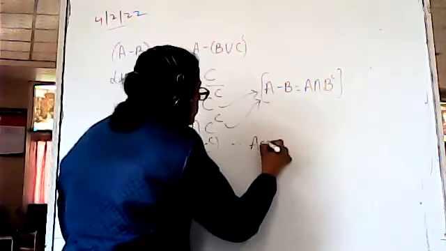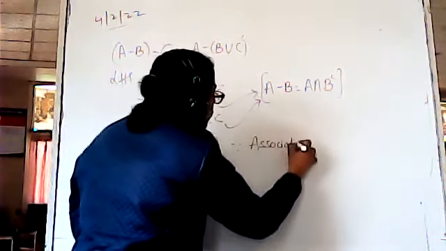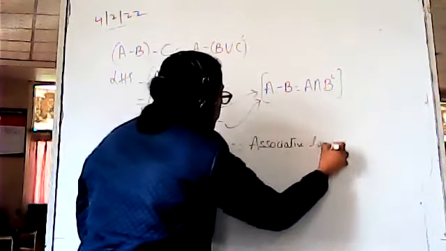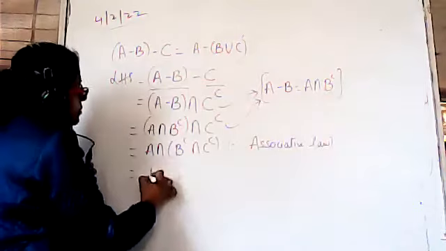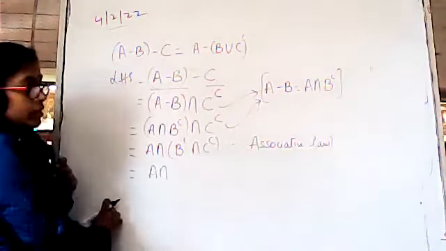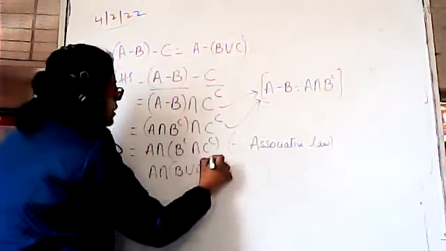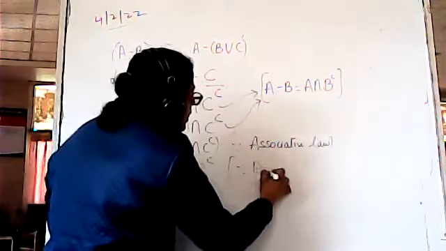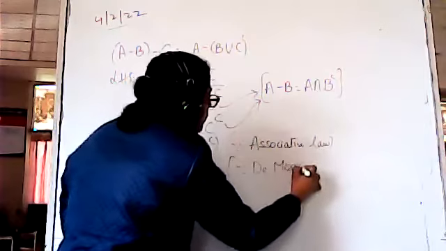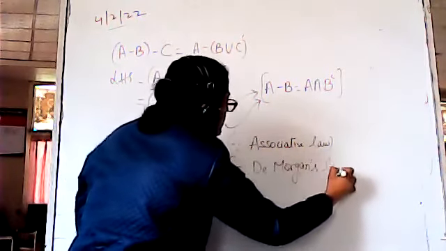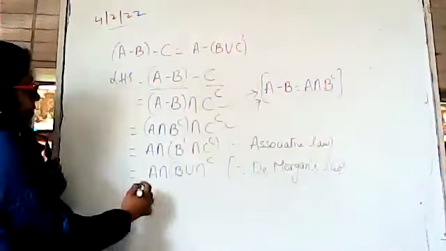Because of associative law. We had done associative law last time. This is equal to A intersection, now B complement intersection C complement can be written as B union C the whole complement. De Morgan's law. Remember this result? De Morgan's law.